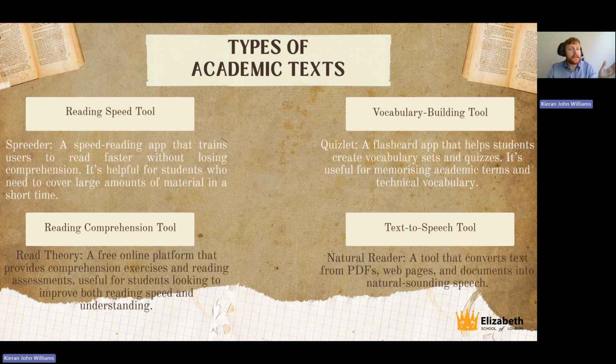Now, if you have some additional needs, maybe you get tired or you get a headache from reading so much information, instead of reading it, you could listen to it instead. Copy and pasting some text into something called a text-to-speech tool will change the text to speech.